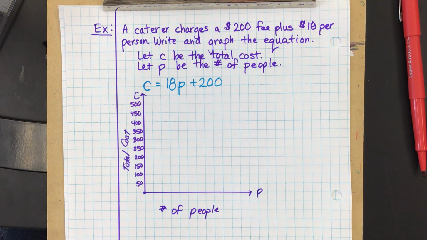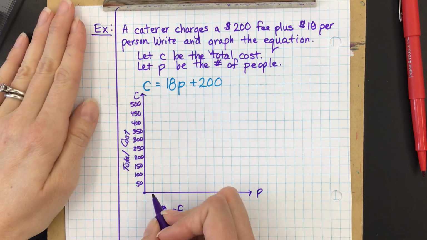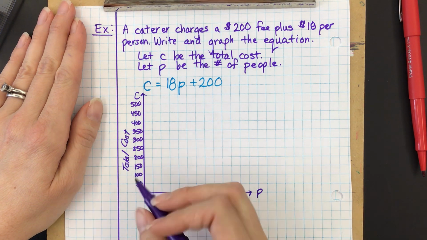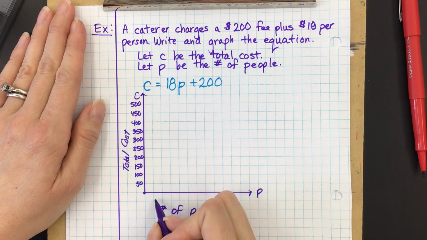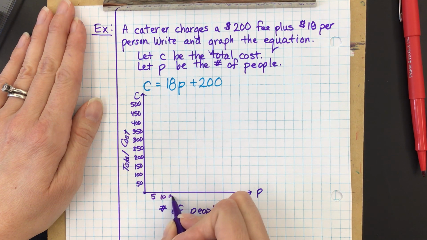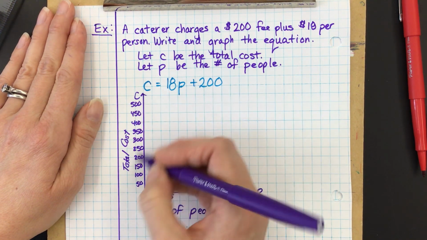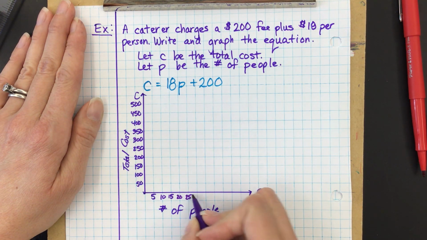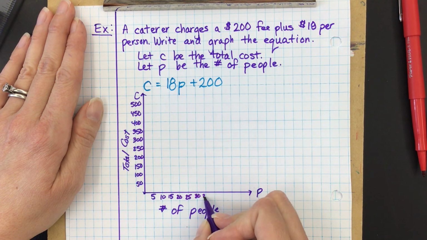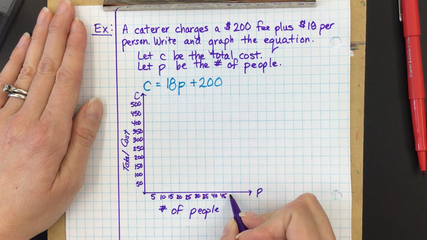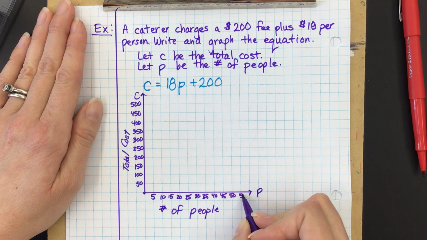Number of people, let's go ahead and go by 5s. Actually, we're going to run out of room pretty quick if we do 5s. Let's do it anyways. I probably should have made this scale more like each square being 100, but I think we can still roll with this.